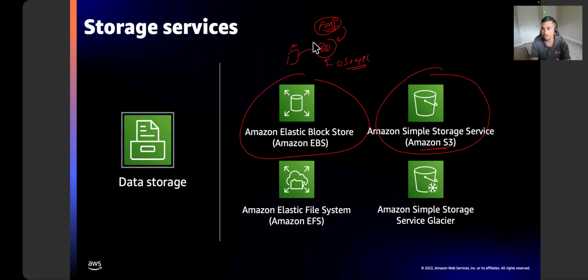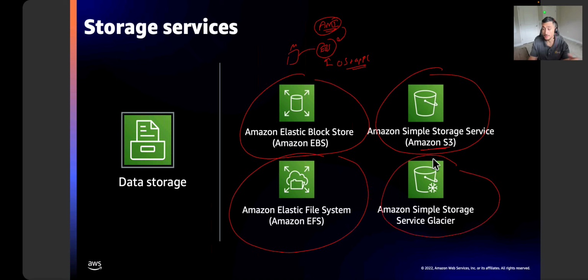But with EC2, we use block level storage, and that's delivered through the EBS service. Now, if we have, let's say, many EC2 instances across regions or across availability zones or even across VPCs or accounts that all need to share the same file storage, then we can use a solution like the Elastic File System, which allows us to create a file storage that can be shared across thousands of instances at the same time.